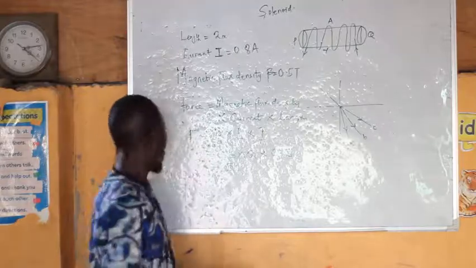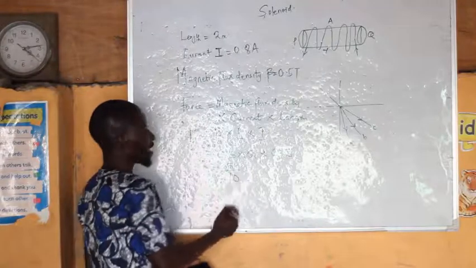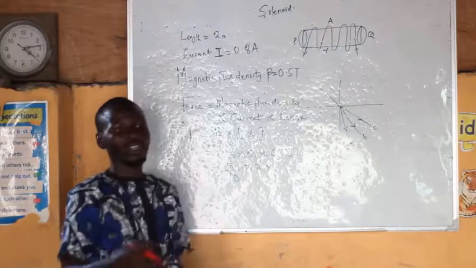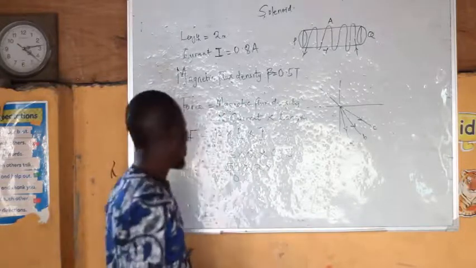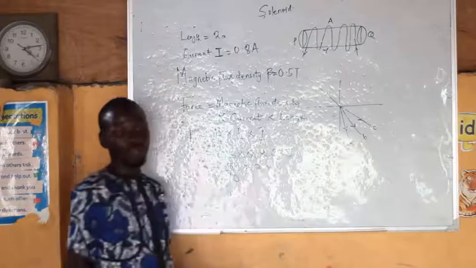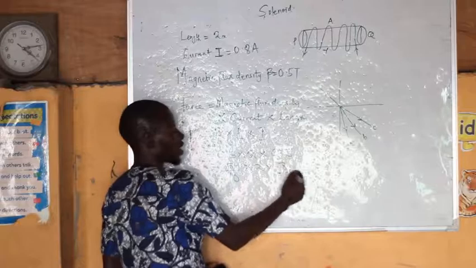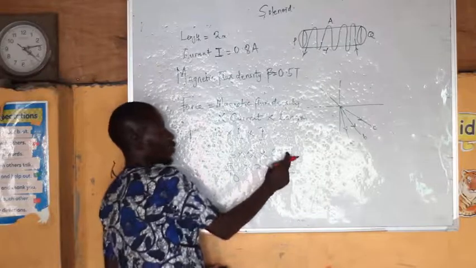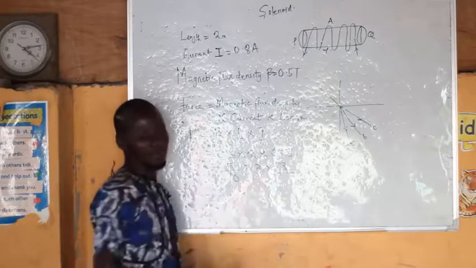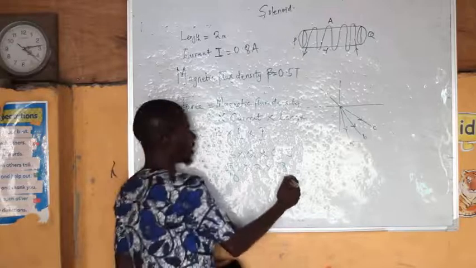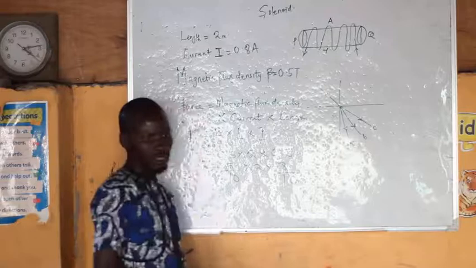Is that clear? So in this aspect, if you want to convert 0.8 to a fraction, you write the value, which is 8, all over 1 and as many zeros as the numbers after the point. You only have 1 number after the point, so you write 1 and 1 zero. Is that clear?